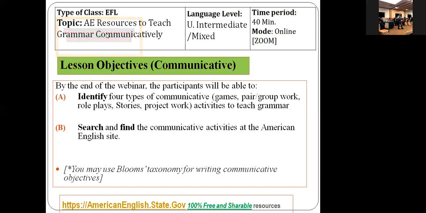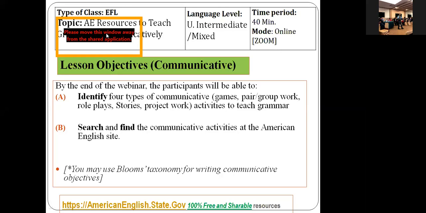The language level of this class, I hope, is mixed or upper intermediate and advanced. Most of us are advanced level, and the topic is American English resources to teach grammar communicatively.